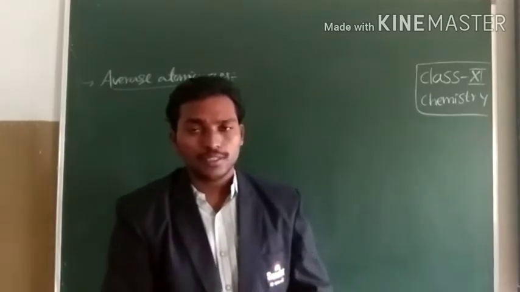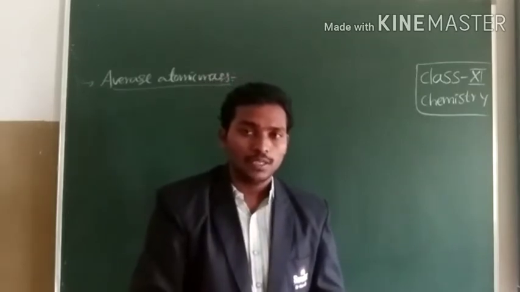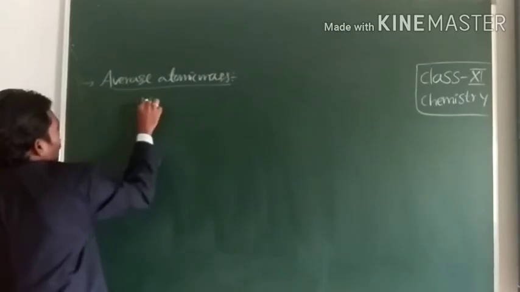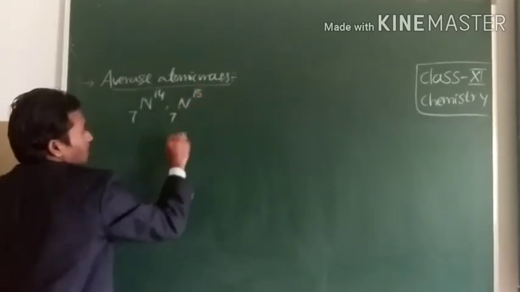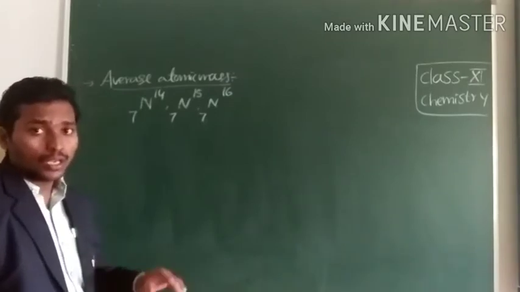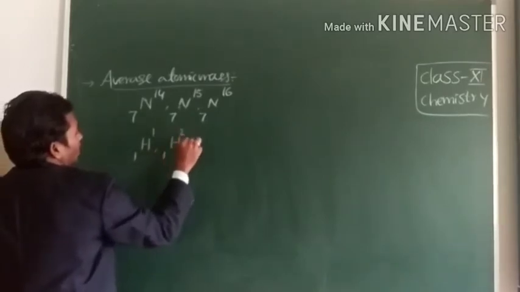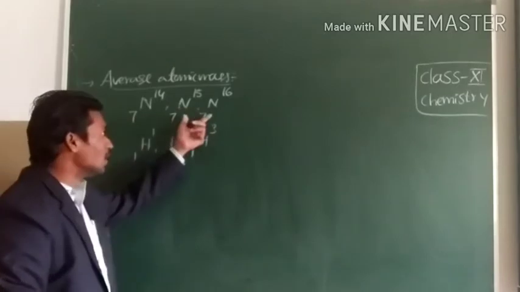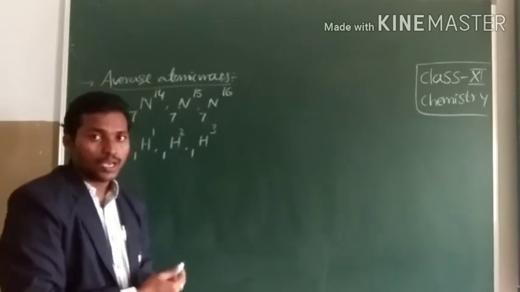Suppose you consider an element like nitrogen, which has 3 isotopes: nitrogen N-14, nitrogen N-15, and nitrogen N-16. Or hydrogen, like hydrogen-1, hydrogen-2, hydrogen-3. Their atomic number is the same, but the mass number is different. This phenomenon is known as isotopy.